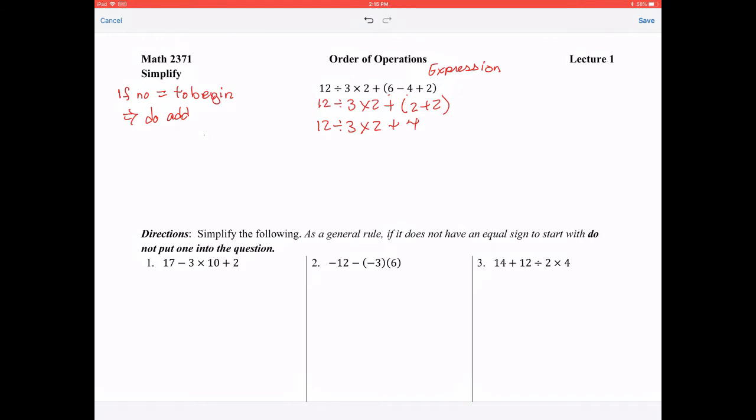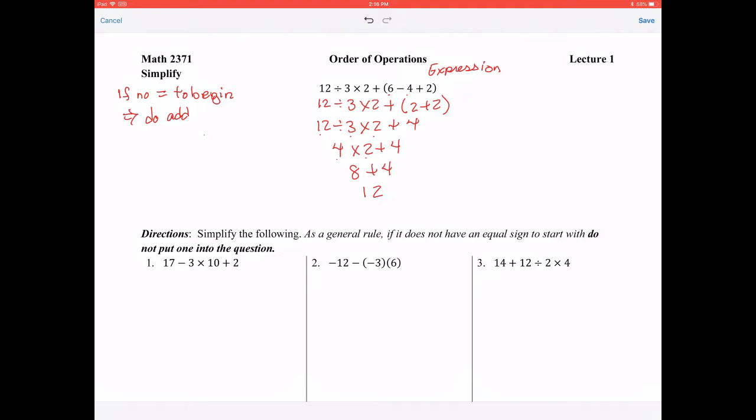I've done my parentheses, so now I'm going to do my multiplication or division. Well, my order of operations say that I work from left to right, so that means that I do my division first. 12 divided by 3 is 4 times 2 plus 4. 4 times 2 is 8 plus 4, so my answer is 8 plus 4 is 12.